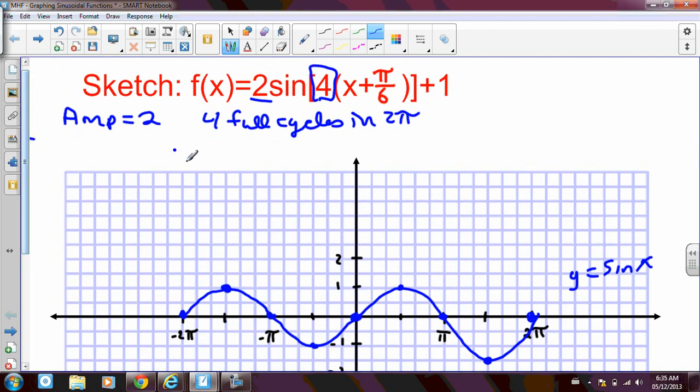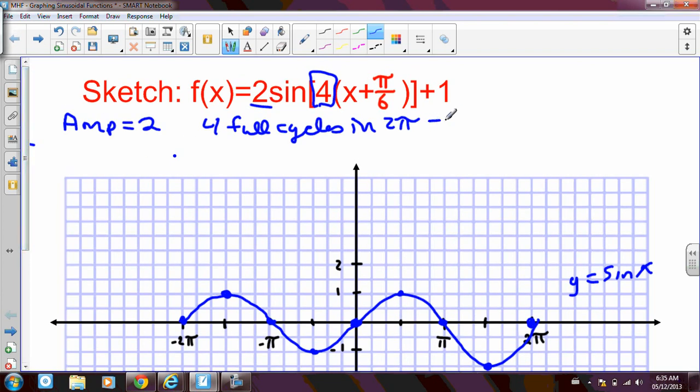Now what I'm going to end up with is in this regular 0 to 2 pi section, I'm actually going to have 4 full cycles in there. So what that helps us determine is what the period is. The period by definition is the length of time for one cycle. So typically it's 2 pi.